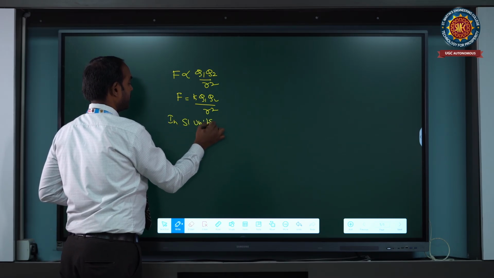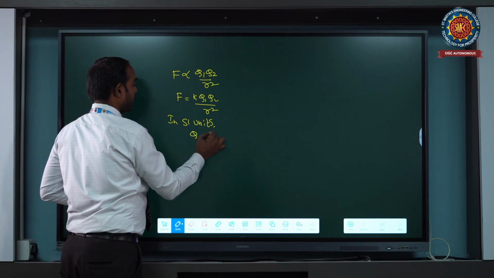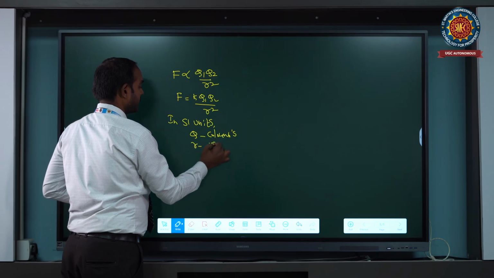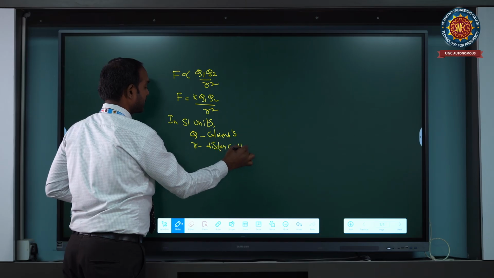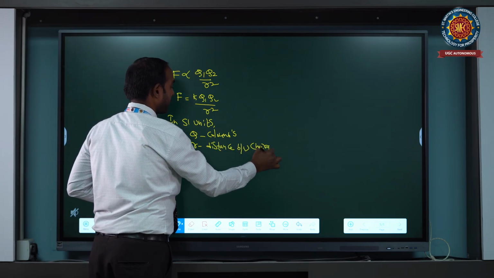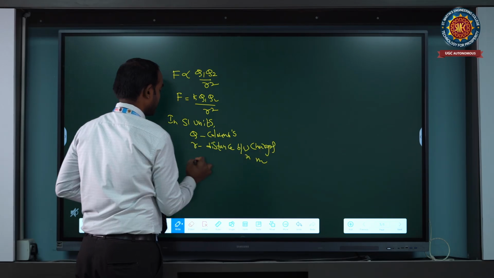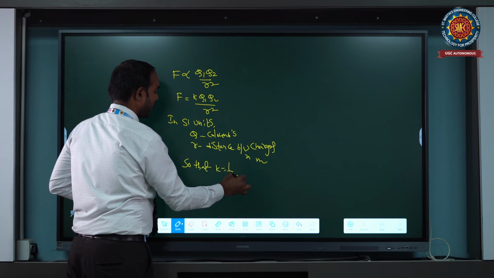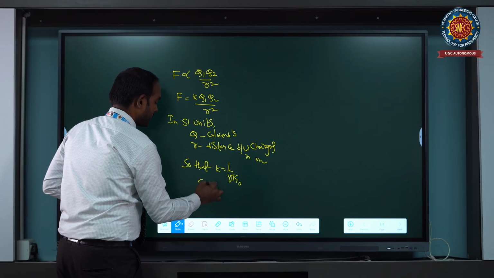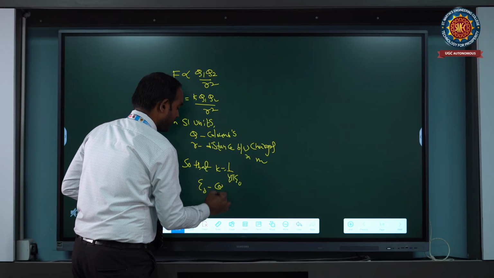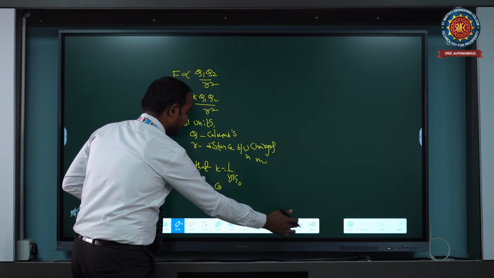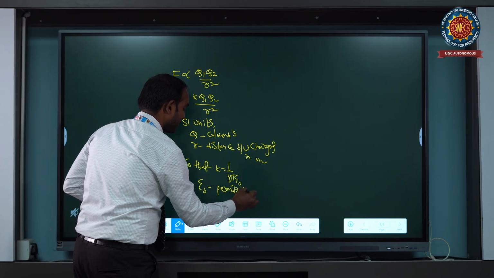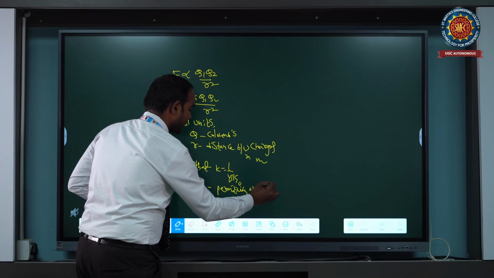In SI units, the charges Q have units of coulomb, and the distance between the charges is in meters, so that the K value is 1 by 4 pi epsilon naught, where epsilon naught is the permittivity of free space.